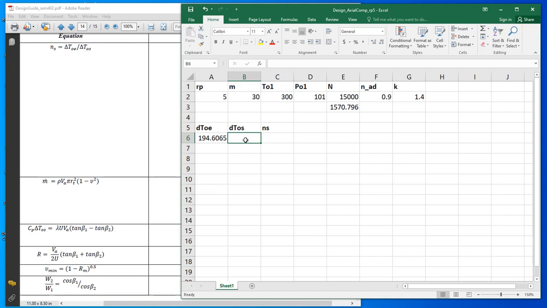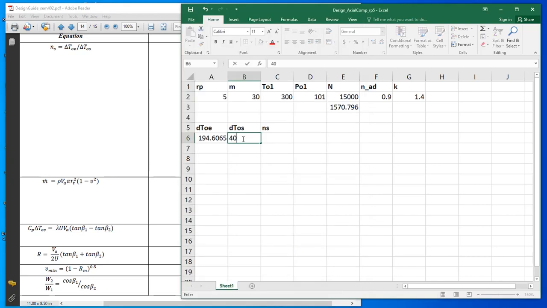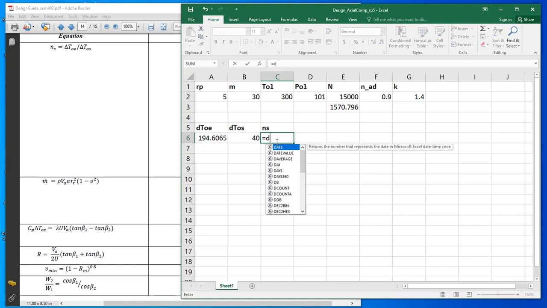Now delta T0S, how do we find it? A range is recommended: delta T0S should be taken between 20 to 60 degrees. We have chosen 40 degrees. So the number of stages is simply delta T0E divided by delta T0S.